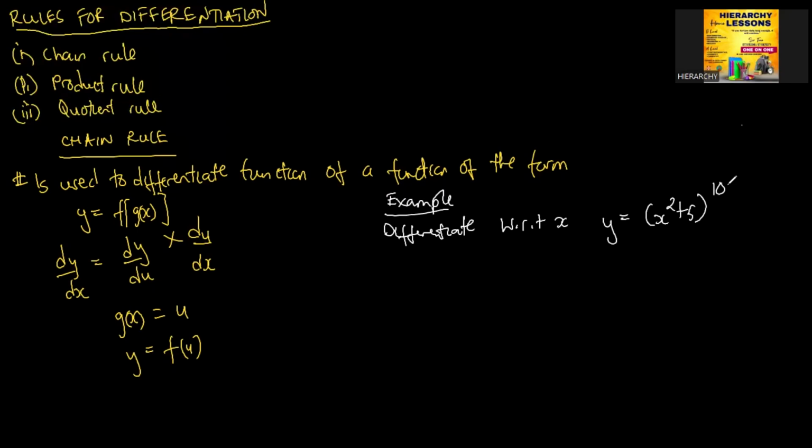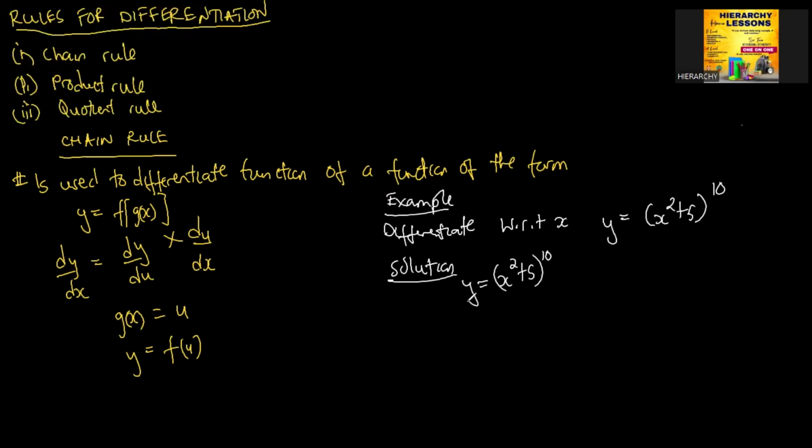So this is a function of a function. In this form, it's a function of a function, right? So we have y is equal to (x squared plus 5) to the power 10.